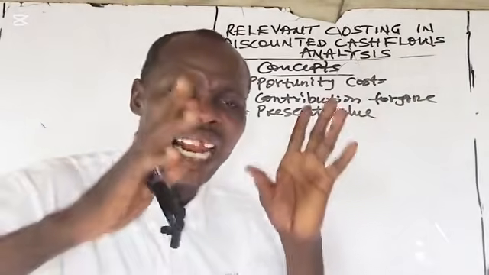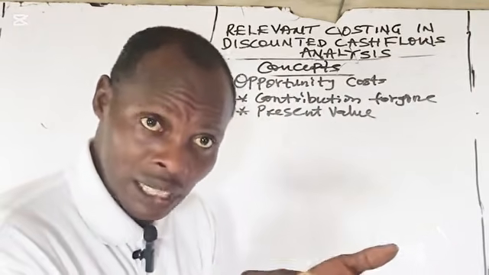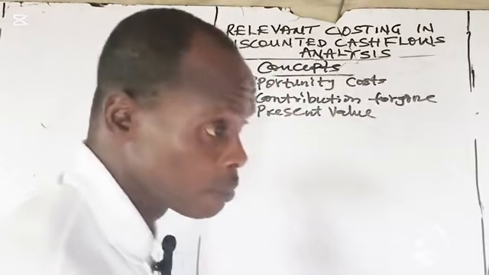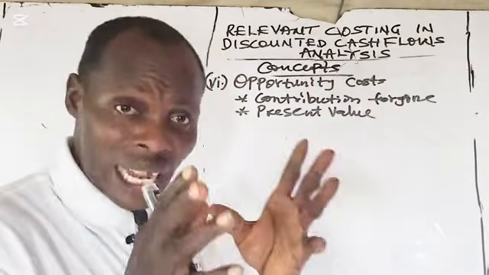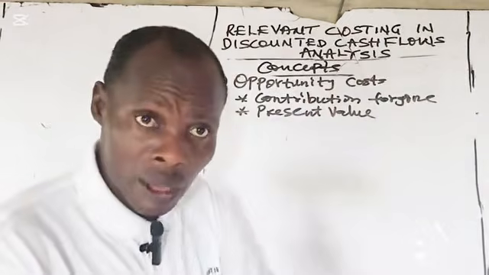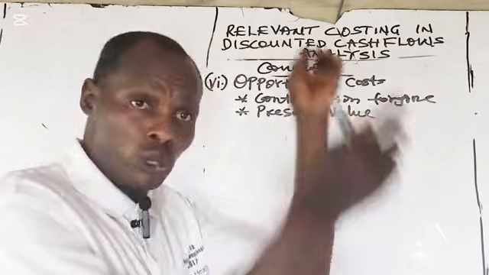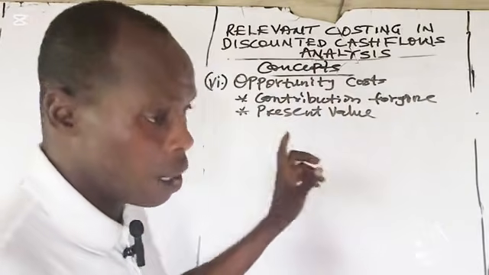If resources are limited in supply, there is a shortage of resources and they are not readily available. If they have more than one alternative use, you may use them in option 1 or in option 2.